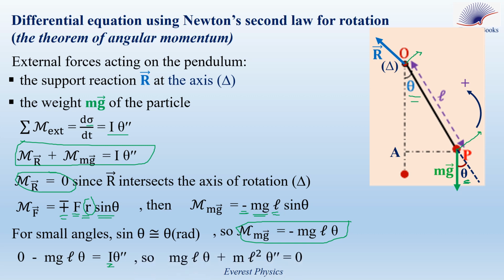This is going to be mgl theta plus ml squared theta double prime is equal to 0. Divide the equation by ml squared. This is going to be theta double prime plus g over l theta is equal to 0. This is the second order differential equation that governs the undamped oscillations of the simple pendulum.